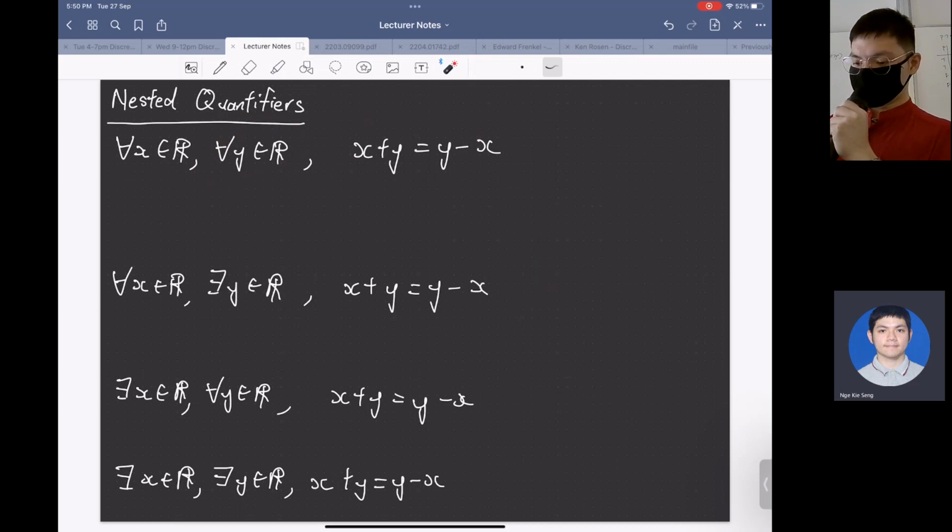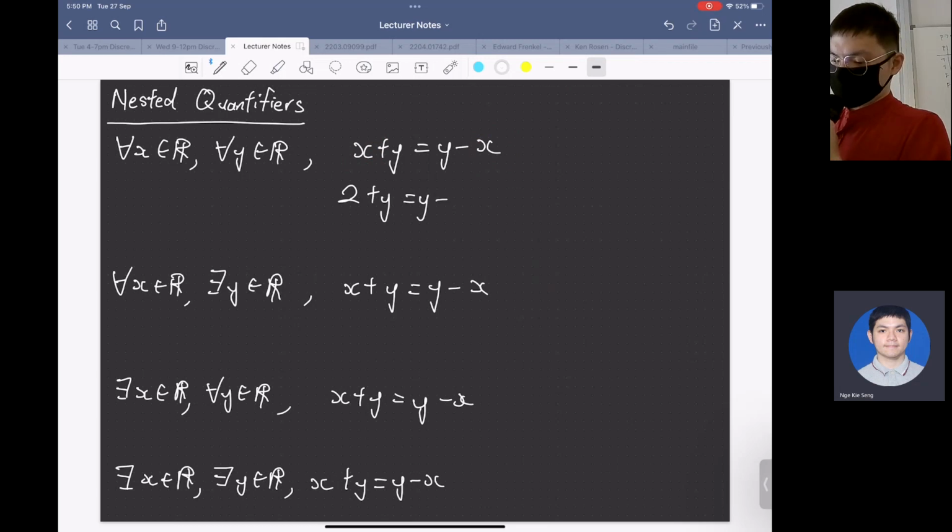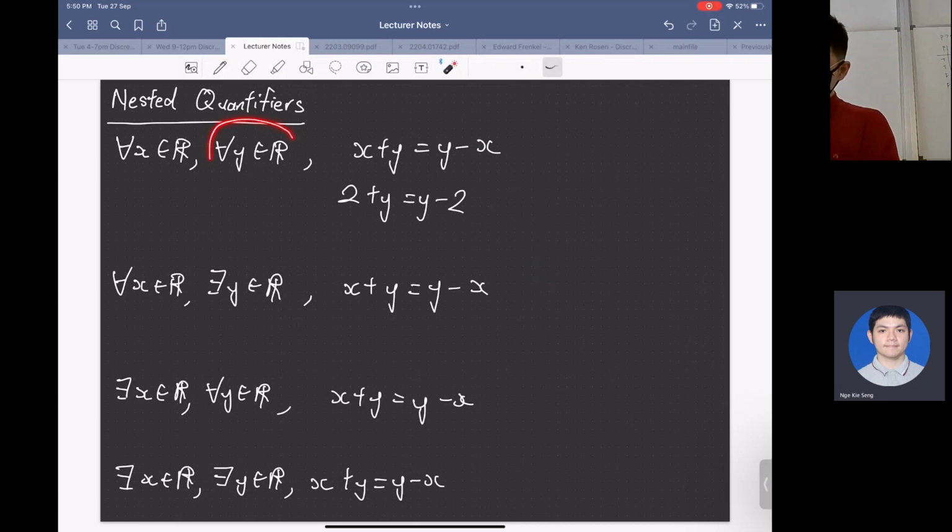Okay, I will give you an example. So for every X in R, in my mind I get 2 plus Y equals Y minus 2. If I put any Y here, does this work? Doesn't work.